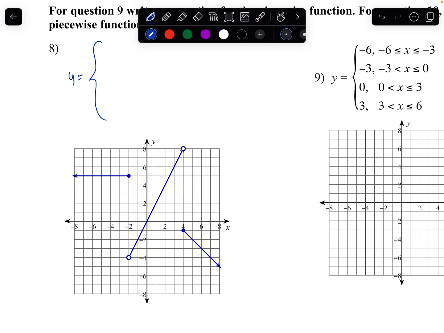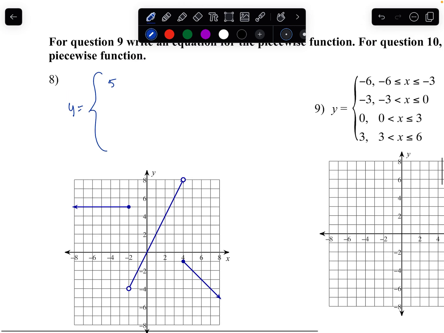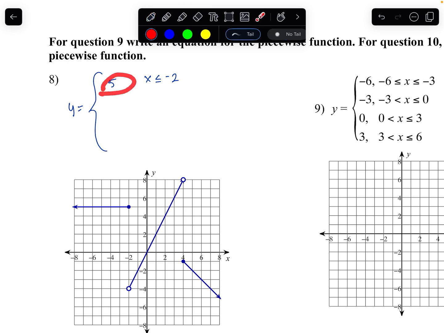So it's going to be equal to 5 for x values less than or equal to -2. So x is less than or equal to -2. That's the first equation, and that's its domain.